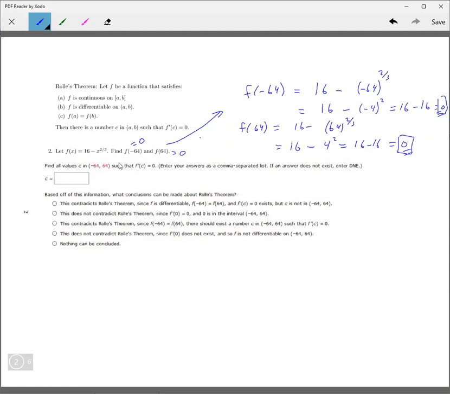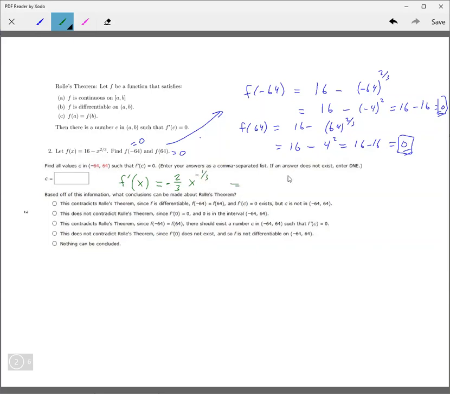Now find all values of C such that the derivative is 0. If you take the derivative, the derivative of 16 is 0. For this part, you have a 2/3 coming down, and the power drops by 1 to negative 1/3.